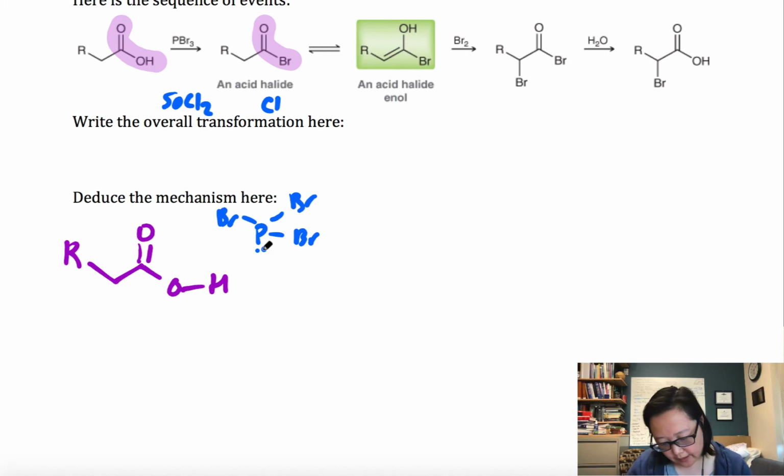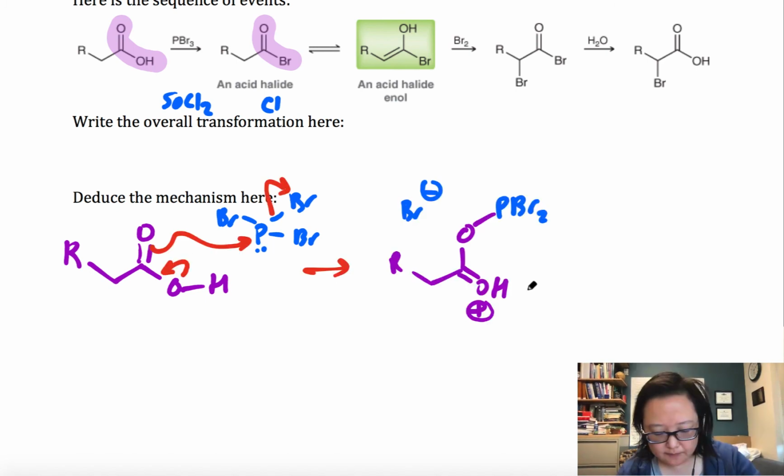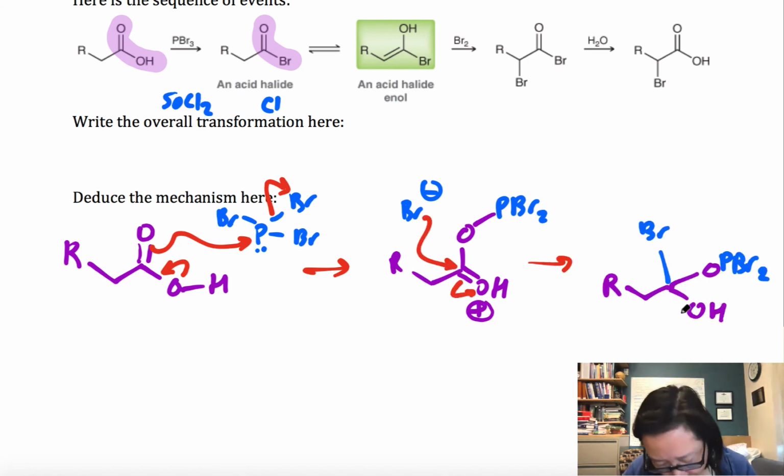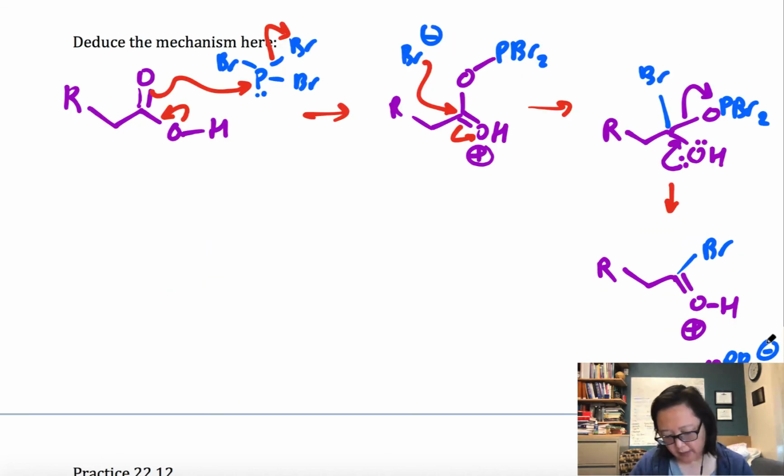All right, so what I'll do is same kind of reaction. Okay, so at this stage, I'm going to attack with bromide. And then I'm going to have to lose this guy right here. Okay, so here I could grab here to neutralize that, and now I've got my alkyl halide, which I'll draw properly like this.